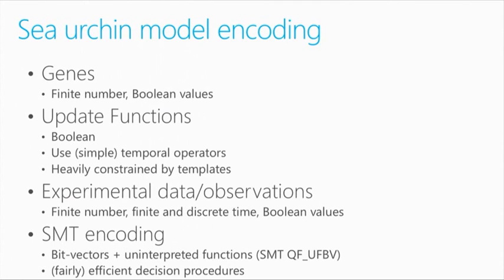First, we can observe that there's always a finite number of genes, and they're only on or off, so they're just Boolean. And the update functions are also Boolean functions. In this particular model, there's also some simple variants of temporal operators. But if we don't know what it means, it doesn't matter. It's just for the logicians in here. And then we heavily constrain the possible shape of the functions in the computational experiment.